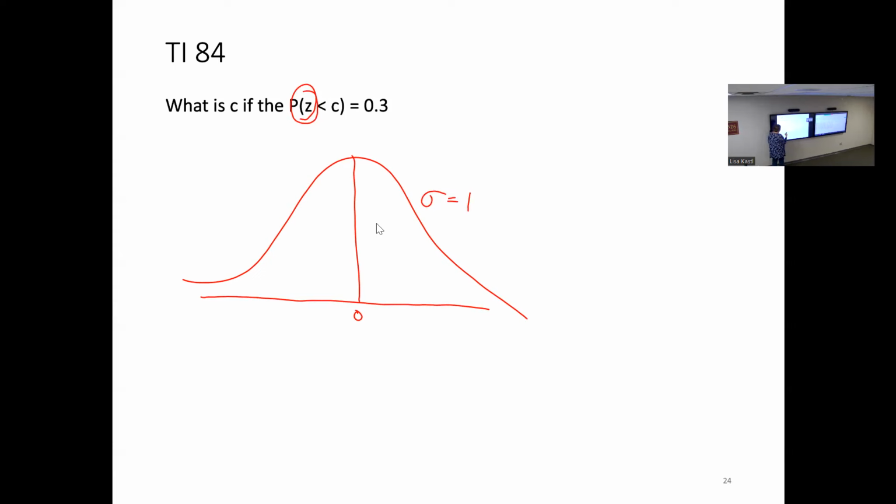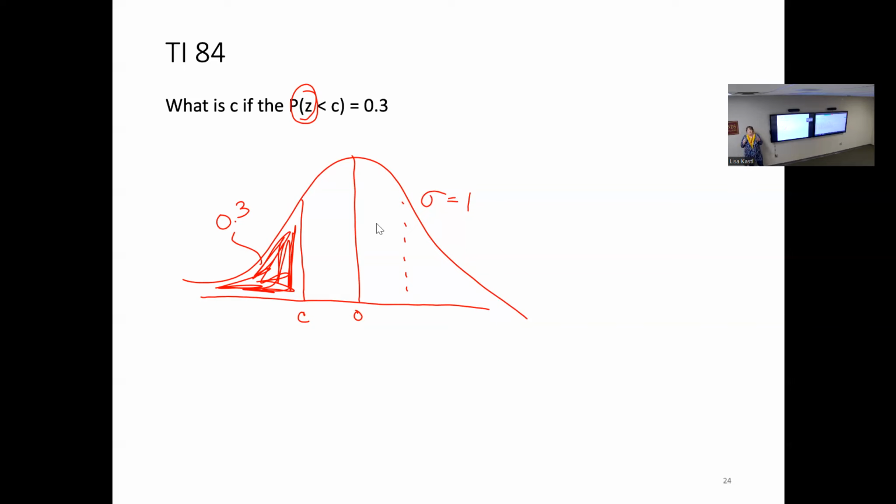And I have some C where the area to the left of that value of C, the area under the curve, is 0.3. Now, how do I know that it's over there and not over here somewhere? How do I know it's to the left of the mean?